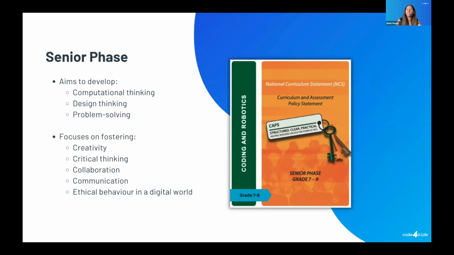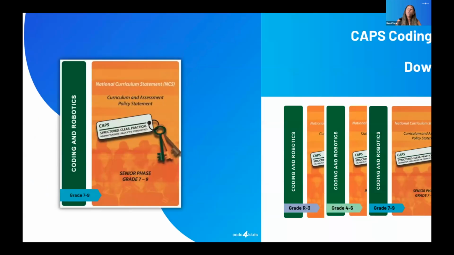It also focuses on fostering creativity, critical thinking, collaboration, communication, and ethical behavior in a digital world. Students are expected to develop competencies in coding, robotics, and digital literacy, preparing them for future careers in STEAM fields.